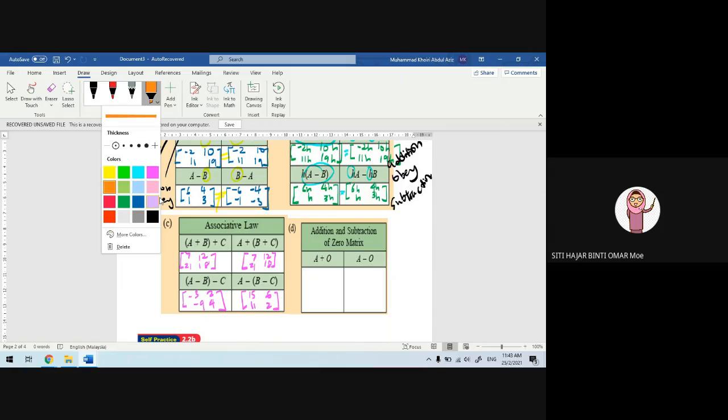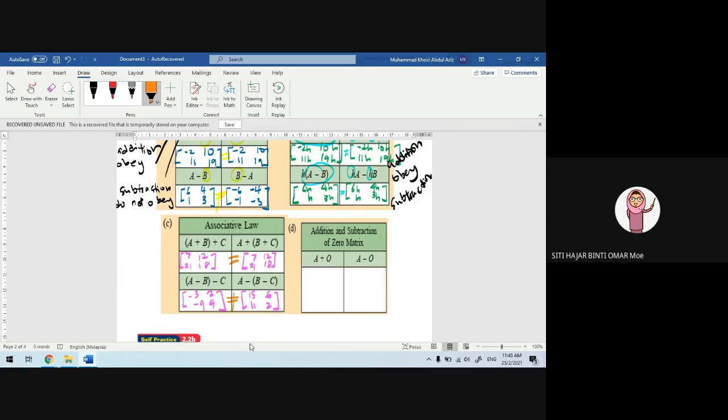Okay, for associative law, for addition, we get the same answer. While for subtraction, not the same answer. So addition obeys the associative law. It means that associative is we gather different matrices in a bracket.